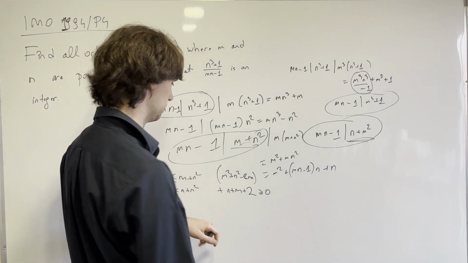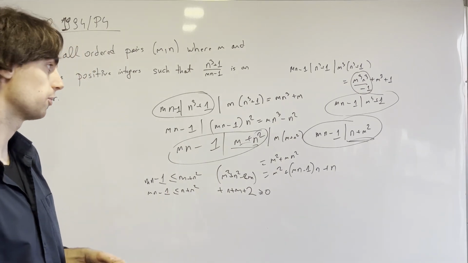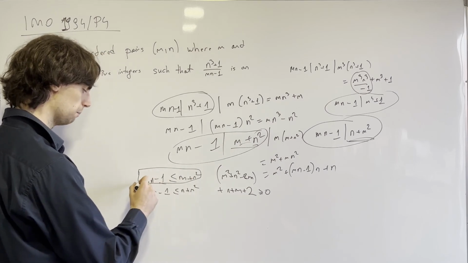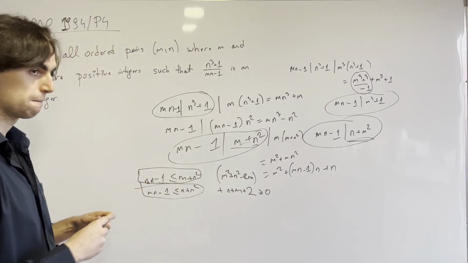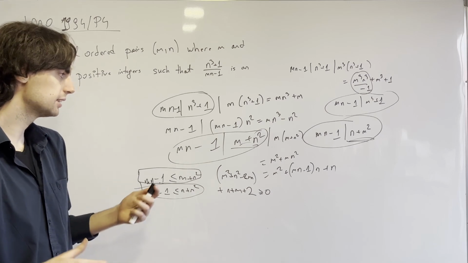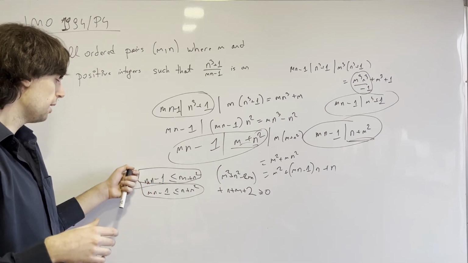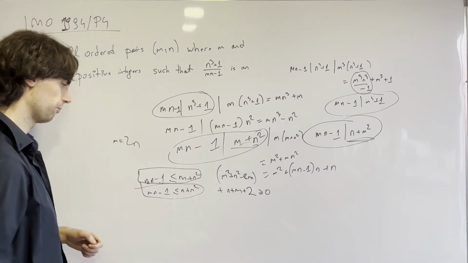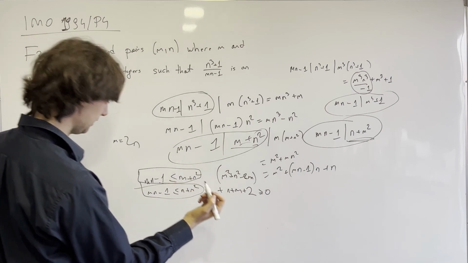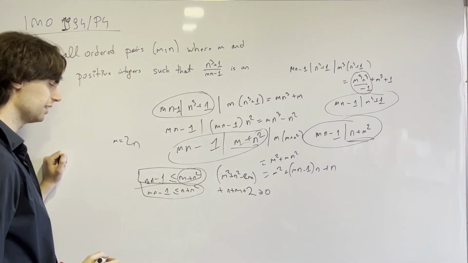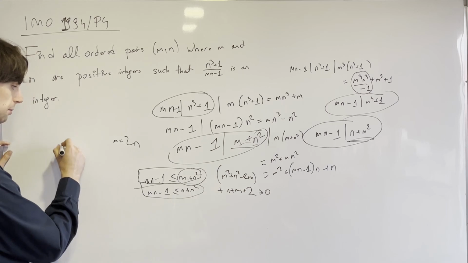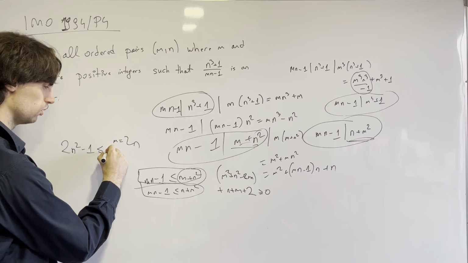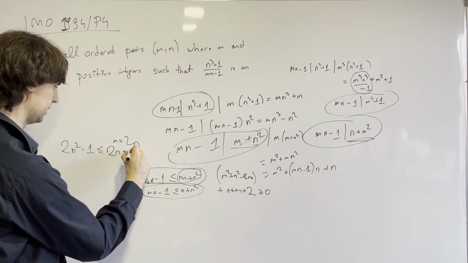Actually, I don't get anything from this. I thought I would get something from this, but I don't. But the thing is, can both of these things be true simultaneously? What I'm trying to get at here is that if m is greater than n, if m is equal to, say, 2n, then this inequality seems less likely, because this is equivalent to 2n squared minus 1 less than or equal to 2n plus n squared.